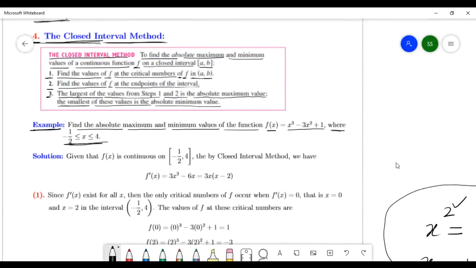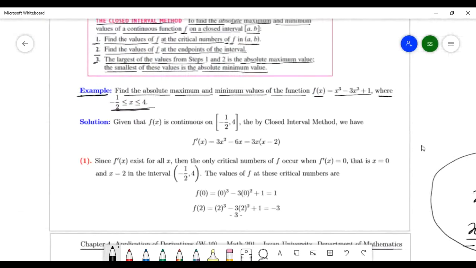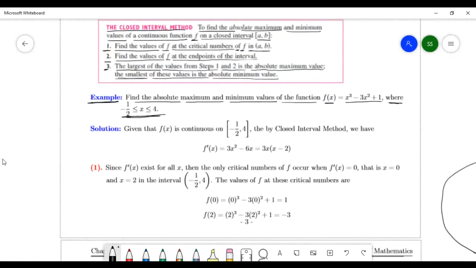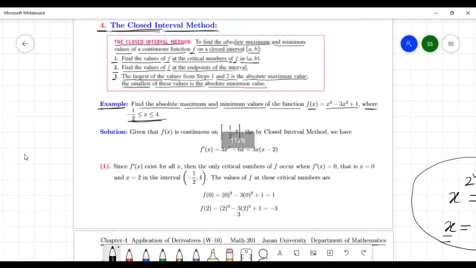So by using the closed interval method, let me explain this question here: how to find the absolute maximum and absolute minimum value.